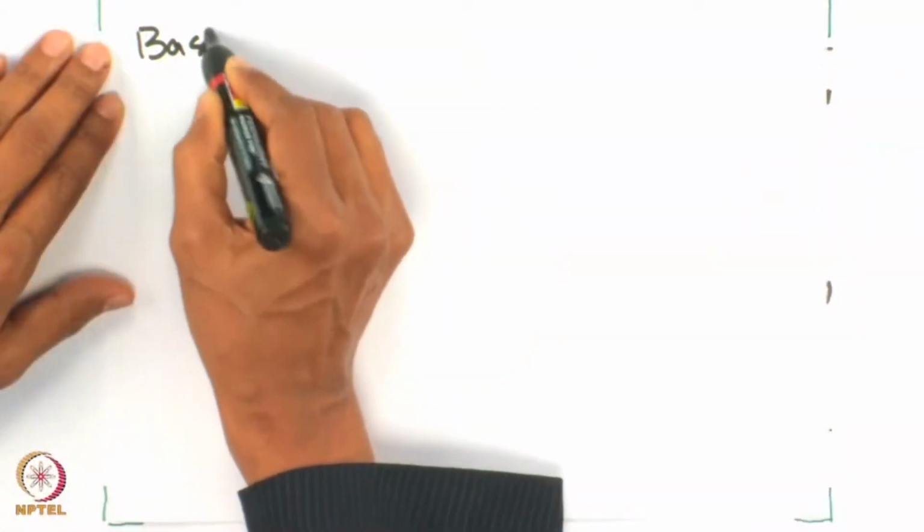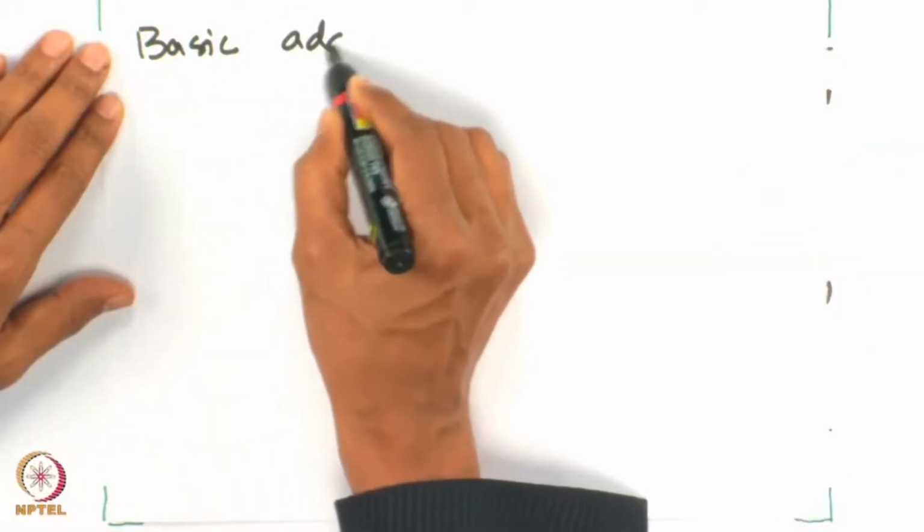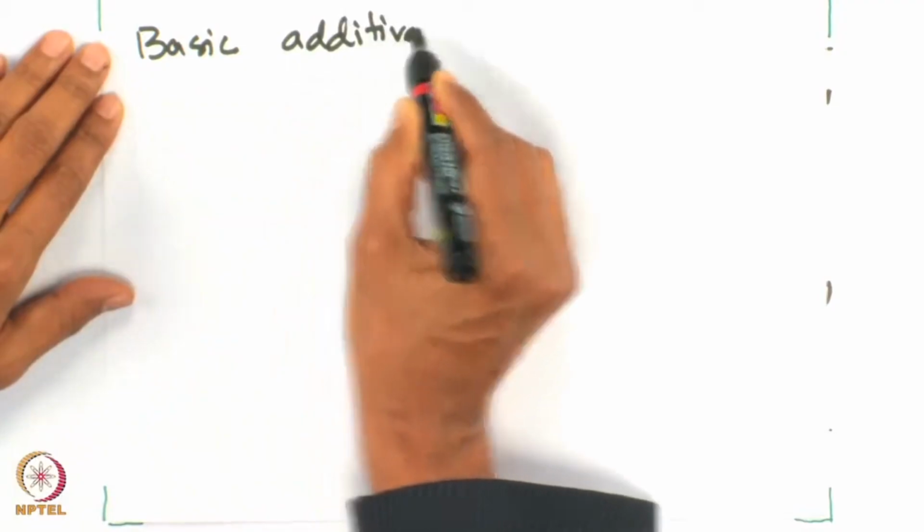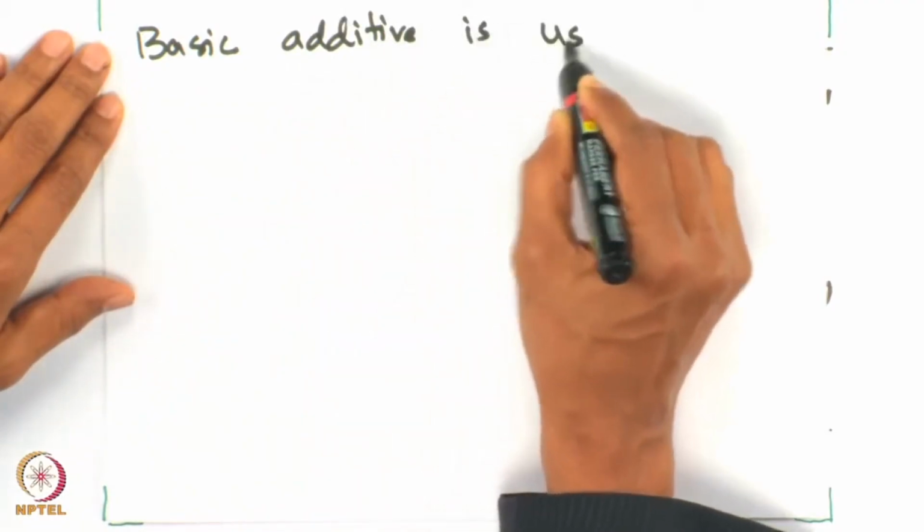Once again, oxidative addition will be the first step, then transmetallation and then reductive elimination for these carbon-carbon bond formation reactions. Let us look at the transmetallation utilizing organoboron as the material and how it is involved during the process. So, a basic additive is usually required.